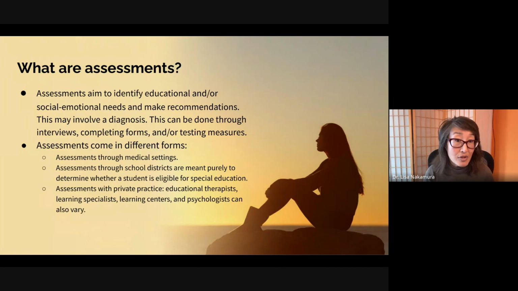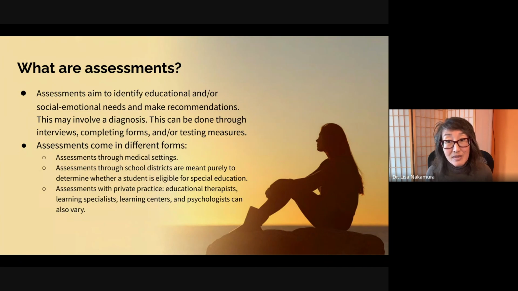So self-report forms, or if it's a child, parent and teacher forms. And then based on that, they'll determine whether there's an ADHD diagnosis. In the school districts, it can vary. It could also be exactly that same model. There are some school psychologists who will also include some testing measures, maybe 1 or 2 at most.